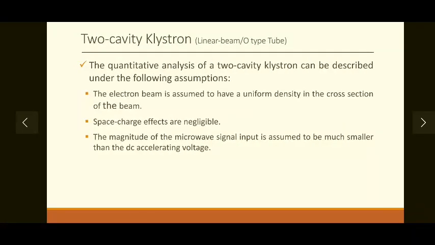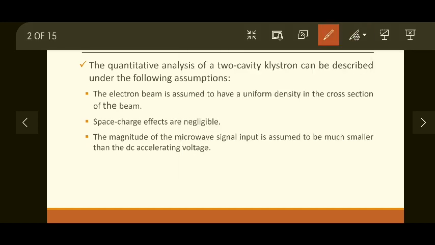So for analyzing this entire process we are making certain assumptions. First one is that the electron beam that is radiated from the cathode is considered to have a uniform density. So whatever electron beam we are transmitting, it will have a uniform density. The second, the space charge effects are considered to be negligible.